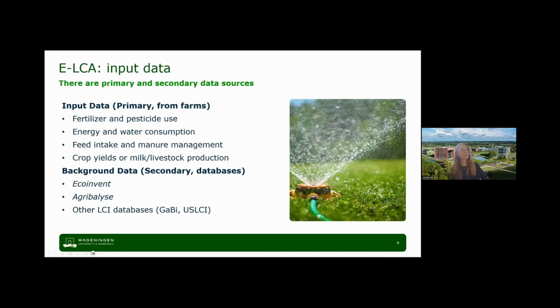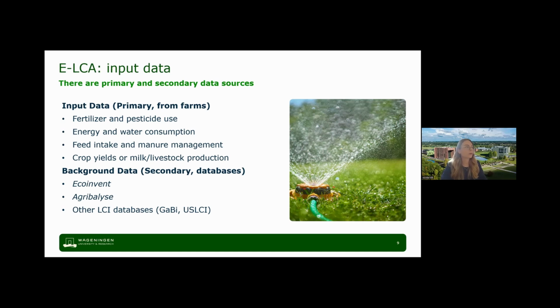And let's go through some basics of environmental and social and which data we are using. So we understand the basics here. So the inputs for an environmental LCA can be primary data, as we call it, or secondary data. So primary can come ideally straight from a source, straight from a farm, which was what we did in this project.